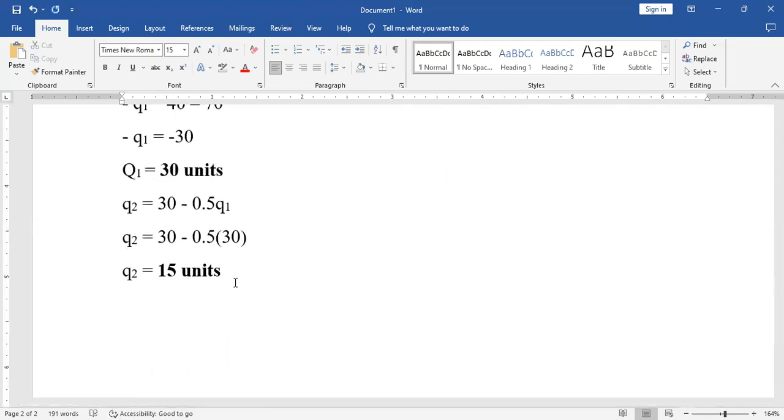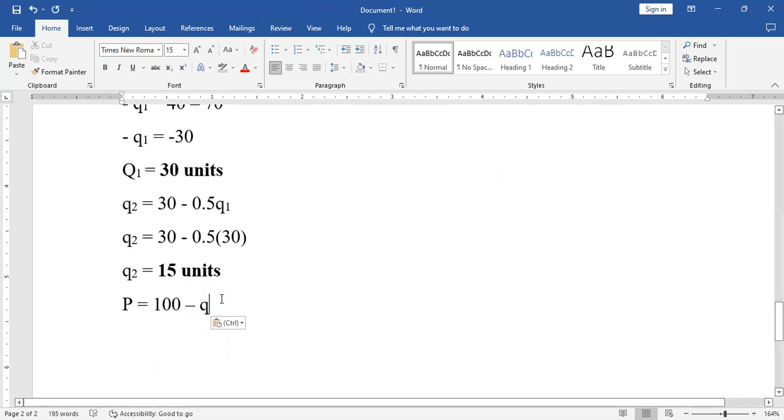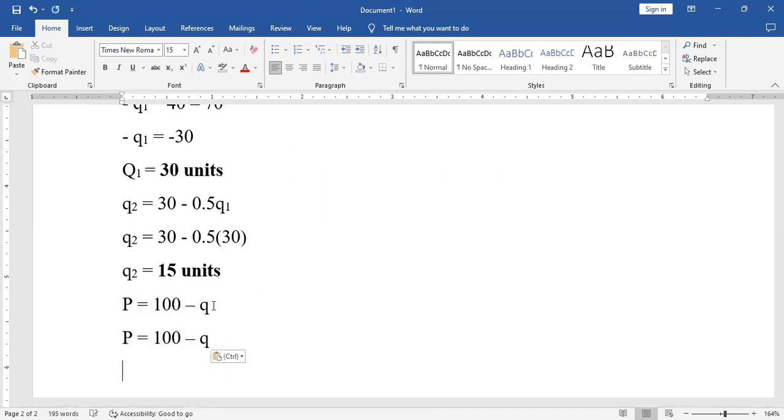Price is equal to 100 minus Q. Remember, Q is Q1 plus Q2.